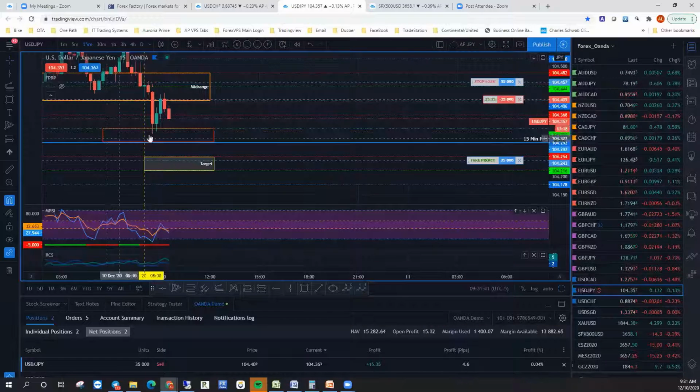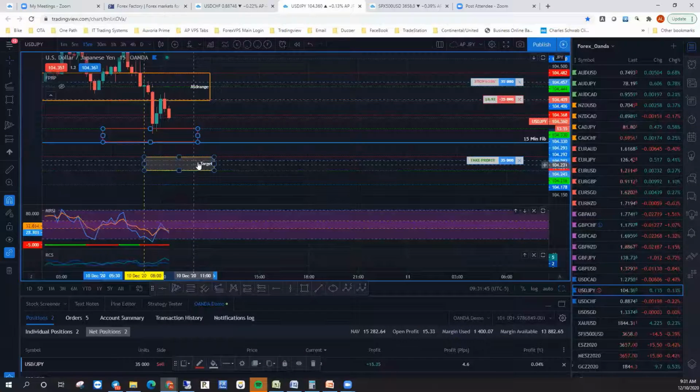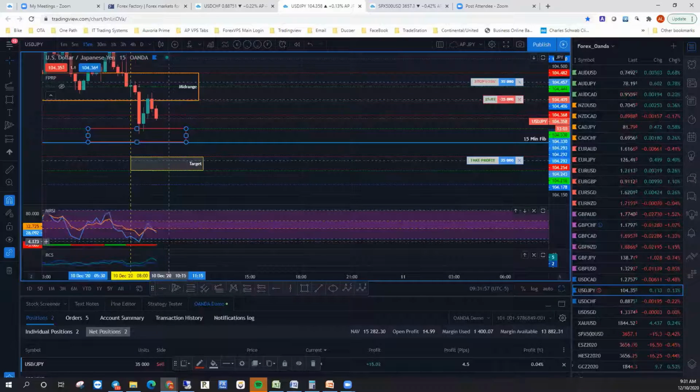If it can break through this, what I call this trap, if it can break through that, it should go on down lower. We do have the strength right now on the RSIs. The blue one crossed the orange below the 40-60 range, and we'll see if it comes back down and retests.